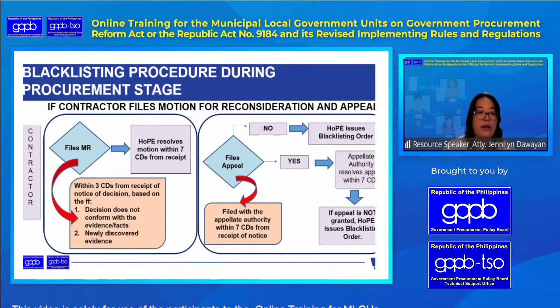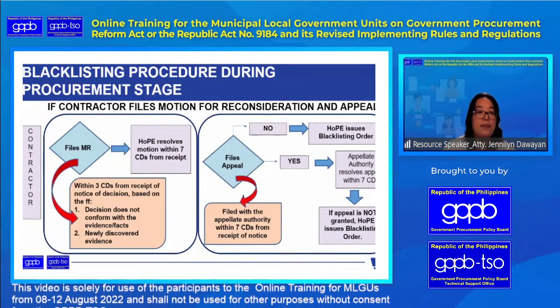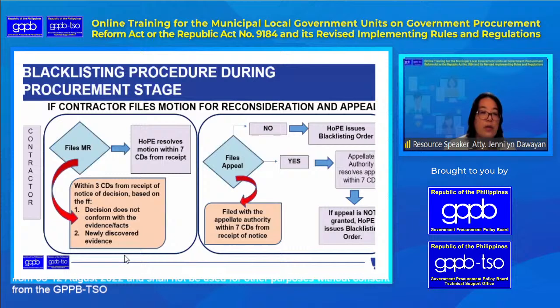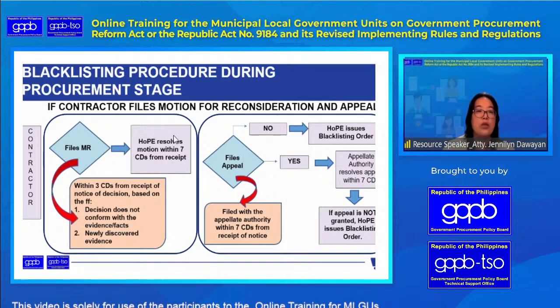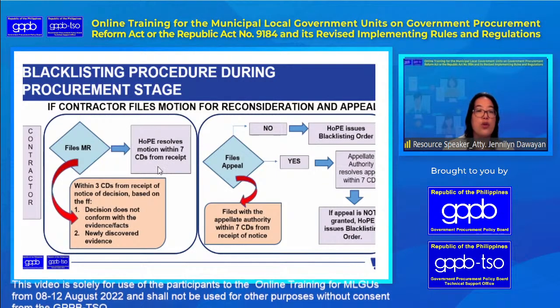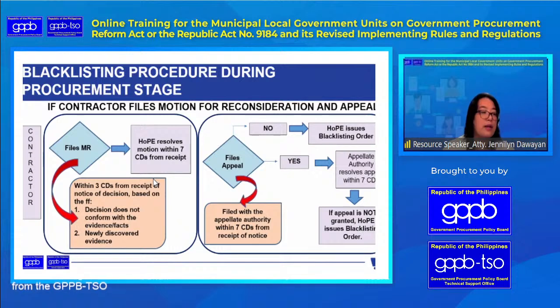Within 3 calendar days from the receipt of the notice of decision, it can actually file MR on the basis that the decision does not conform with the evidence or there is a newly discovered evidence. No? So, ito, i-resolve niya yung motion within 7 calendar days upon receipt.